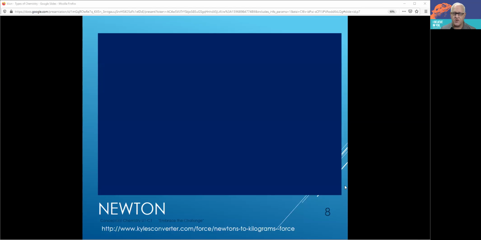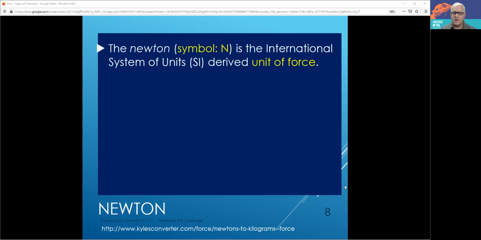Let's talk about Newton. The Newton, its symbol is N, is an International System of Units derived unit of force. And so we use the Newton to determine how much force something has.